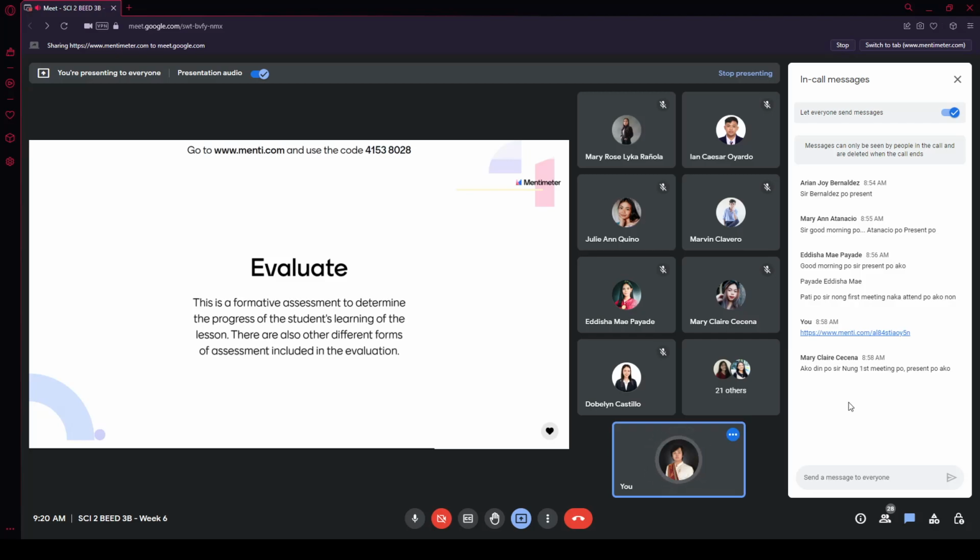This is like the last step in determining whether there are still misconceptions, right? Because a formative assessment would tell you what the errors in the students' learning are. Of course, there are also other forms of assessment included in the evaluation.